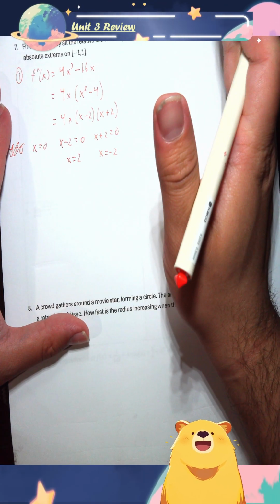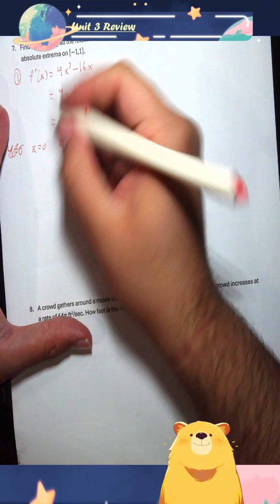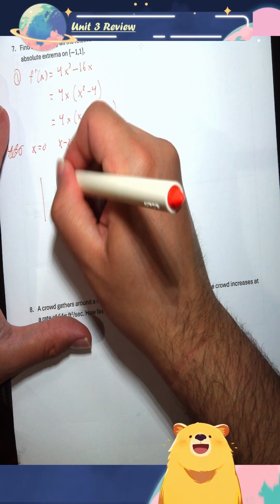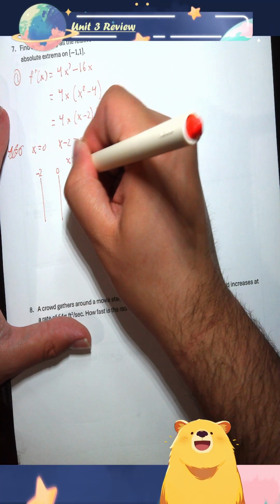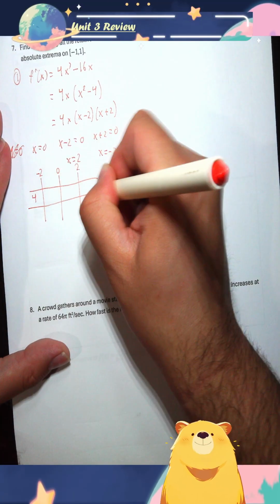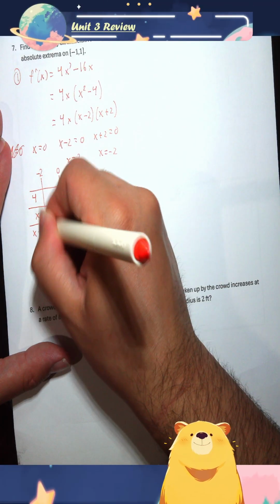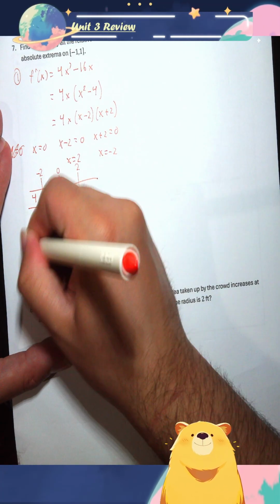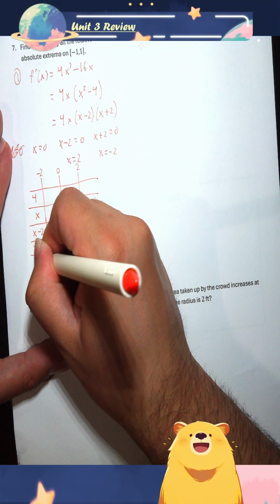So keep that in mind. Because there are critical points, then we can go ahead and do the sign table with a -2, a 0, and a 2. And it's going to be for the 4, the x minus 2, the x plus 2, and then the function as a whole.